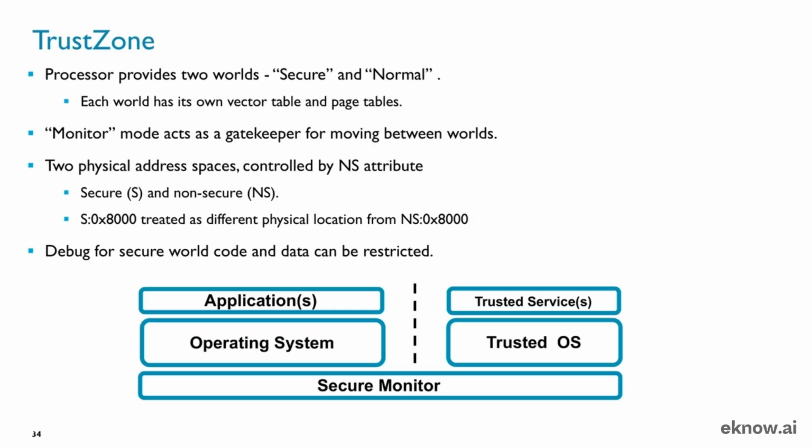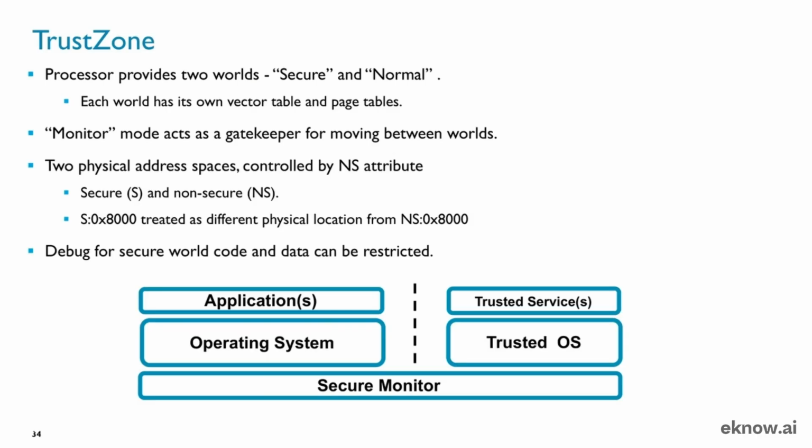The example here is excellent. S0x8000 is treated as a completely different physical memory location from NS0x8000. This means that even if a malicious program in the normal world knew the exact address of a secret key in the secure world, the hardware itself would block the access, generating a fault.